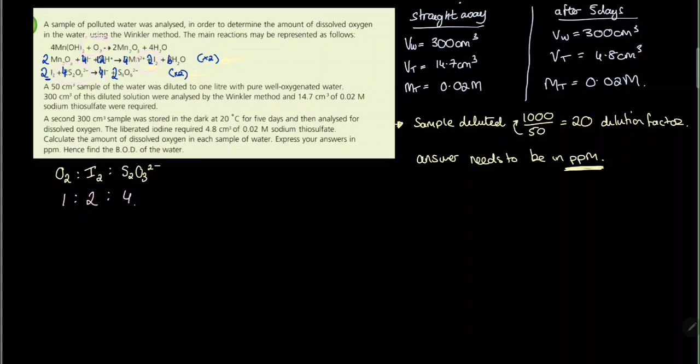What exactly is it looking for? Calculate the amount of dissolved oxygen in each sample of water. So for the sample that's done straight away and the sample that's taken 5 days later, express your answers in parts per million. So we'll do the first part first, and then we'll look at this B.O.D part afterwards.